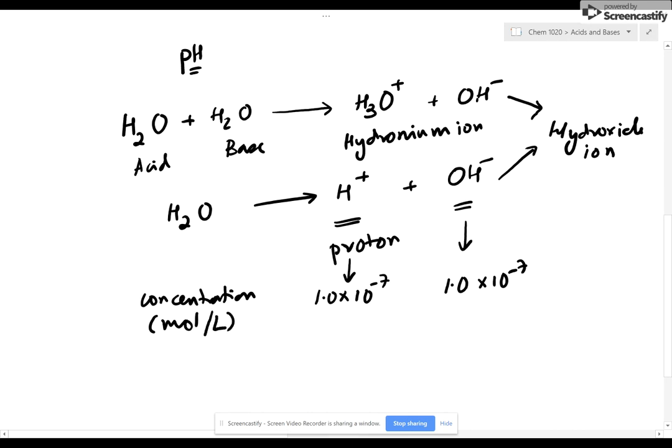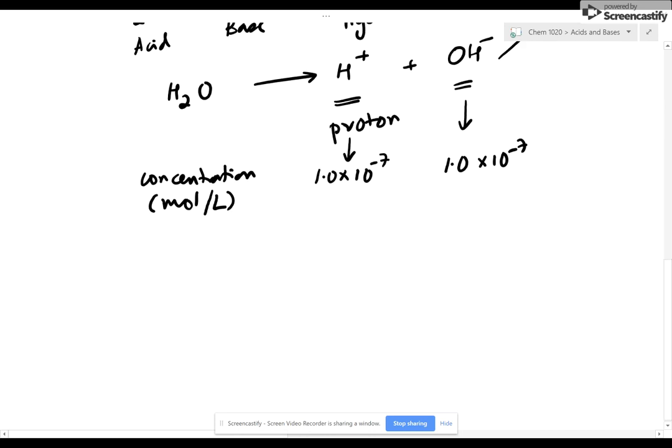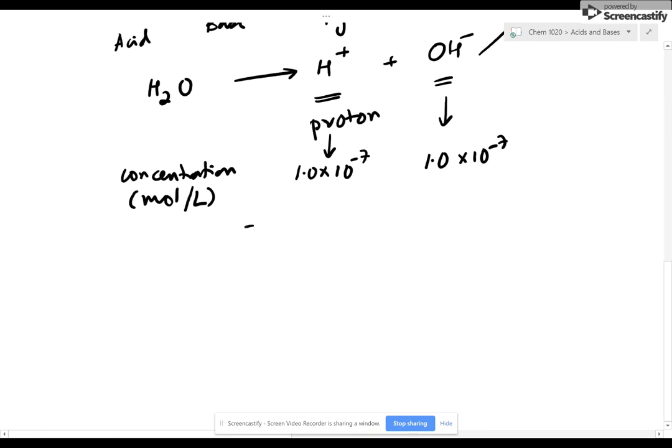And this concentration can also be expressed in short form as square bracket H plus, close the square bracket, and the square bracket means concentration in moles per liter, okay?